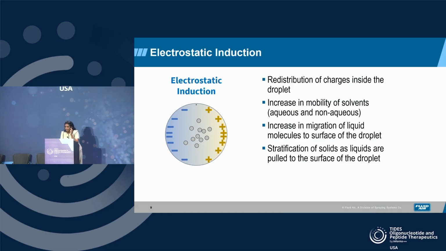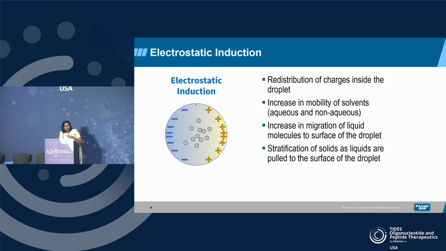So of the four phenomena, I'll try to go through how each contributes to the drying process. Electrostatic induction: when the electrostatics is introduced, a charge is dispensed onto the droplets as they are formed. The charge causes a redistribution of electric charges within the droplet.